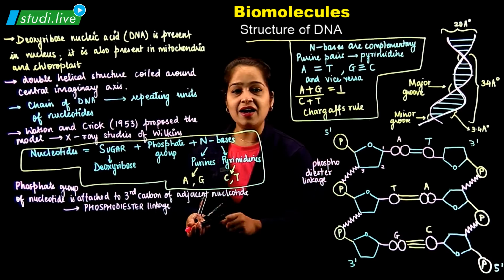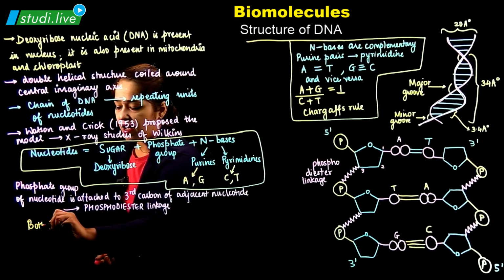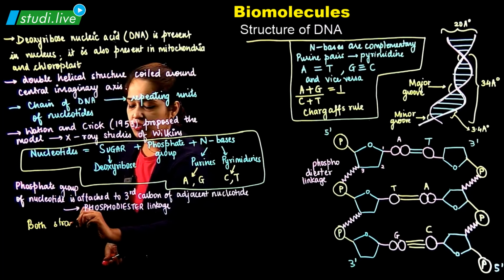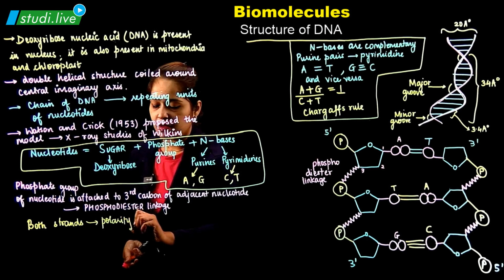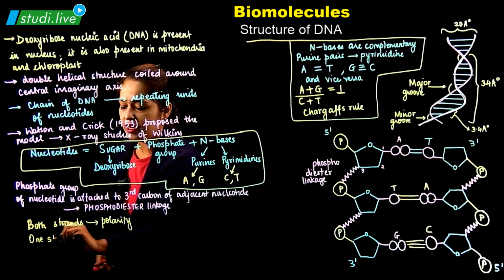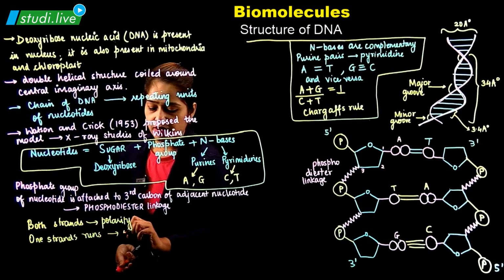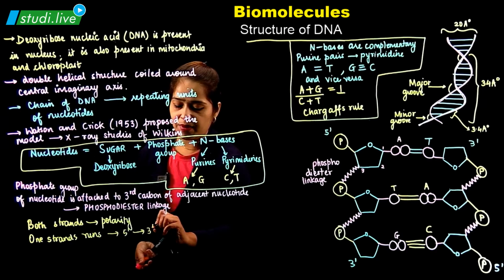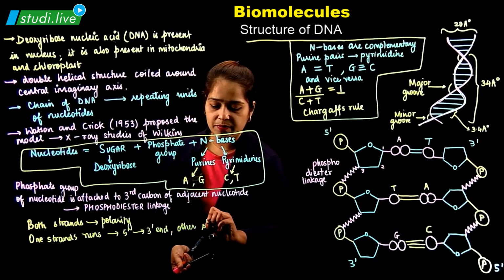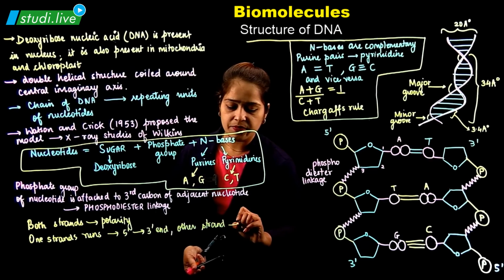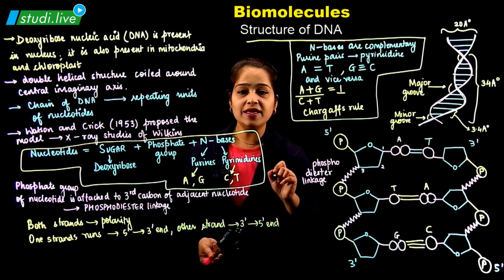So we can say that these strands have polarity. Both strands have polarity. One strand runs in 5' to 3' direction, and the other strand runs in 3' to 5' direction. Why is this possible?